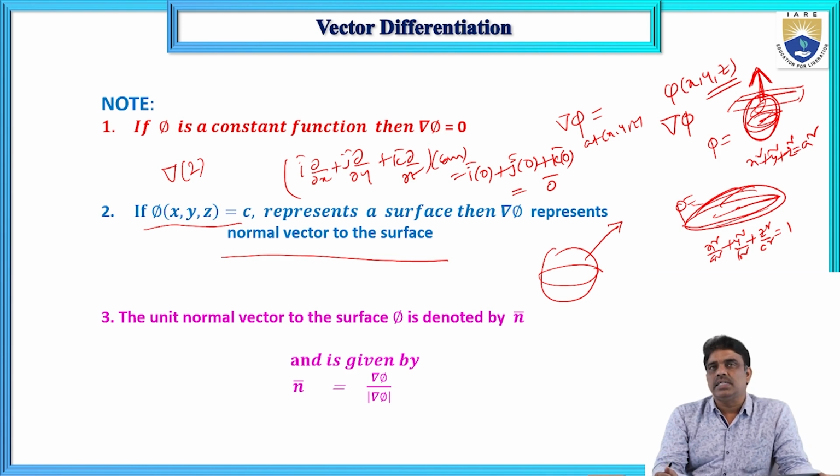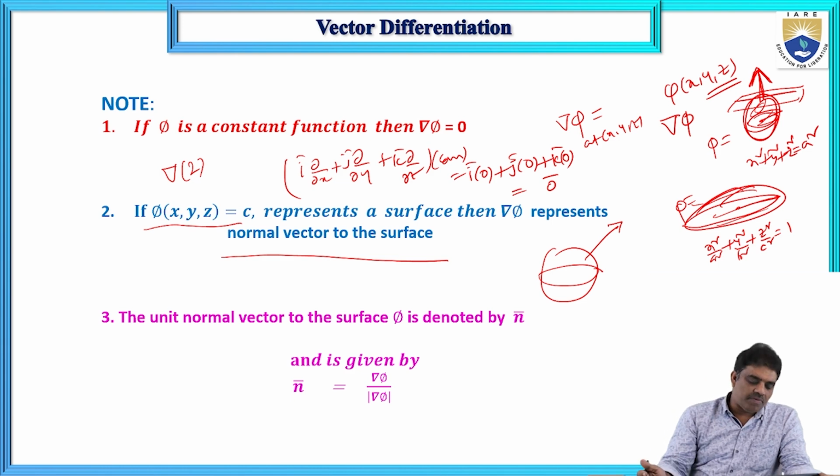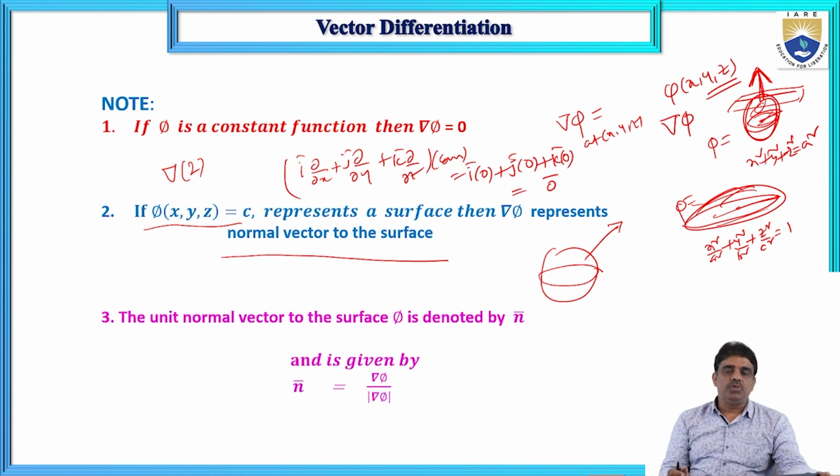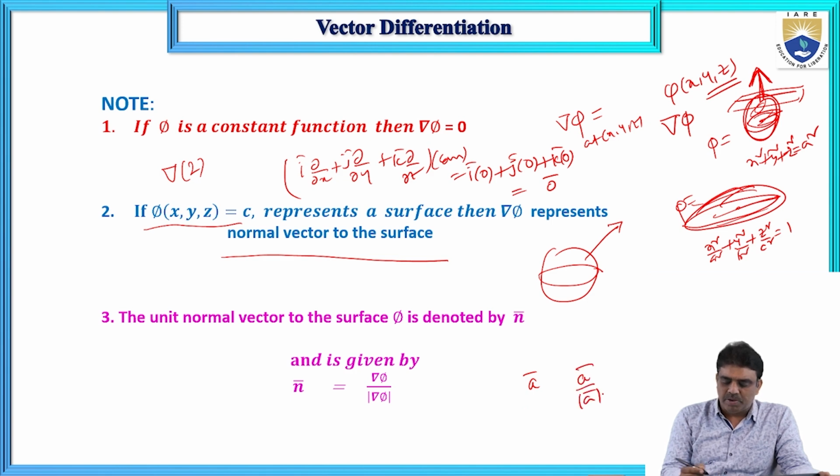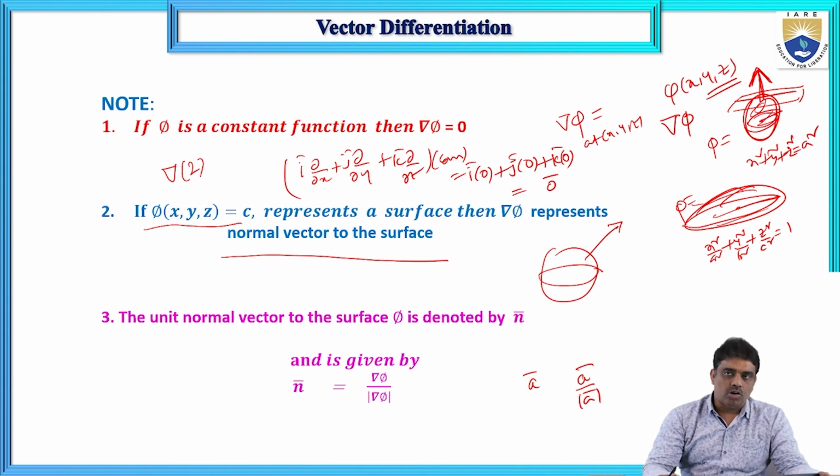So what is the physical significance? If phi of xyz is equal to some constant, then grad phi represents a normal vector to the surface. If you know the normal vector, you can also find the unit normal vector. If a bar is any vector, then the unit vector is a bar by magnitude of a bar. We have already seen that in vector algebra.